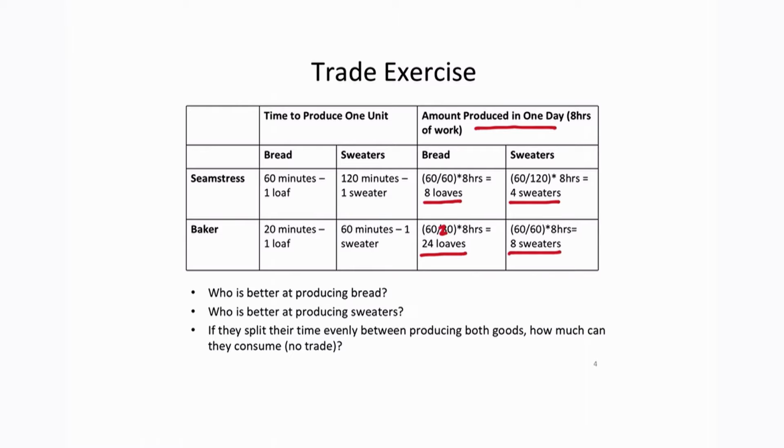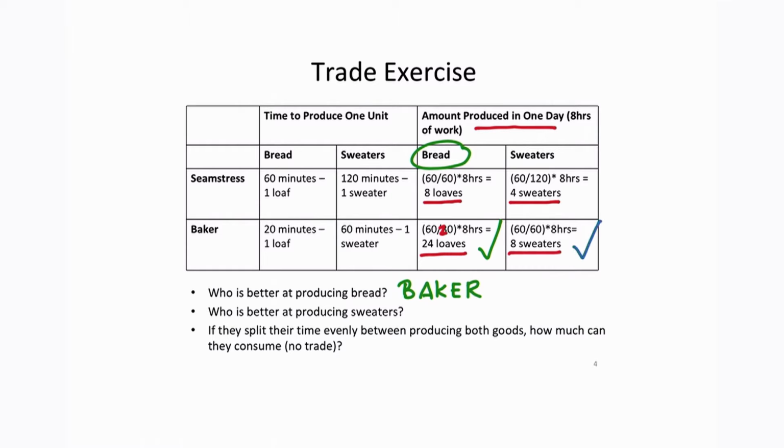So based on this information, who is better at producing bread and who is better at producing sweaters? Well, we see that if we compare the production of bread, the baker can produce more bread than the seamstress. So the baker is better at making bread. If we look at the production of sweaters, the seamstress can produce 4 and the baker can produce 8.